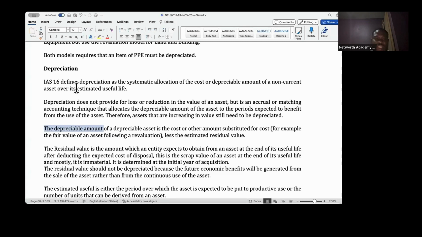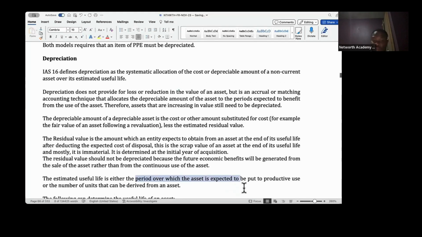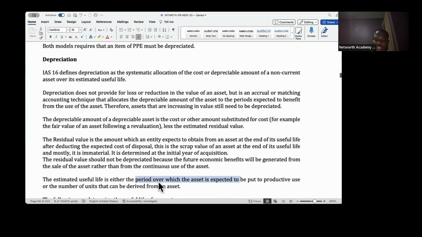Then the next thing is useful life, estimated useful life. This estimated useful life is either the period over which the asset is expected to be used, or put into productive use, or the number of units that can be derived from the asset.